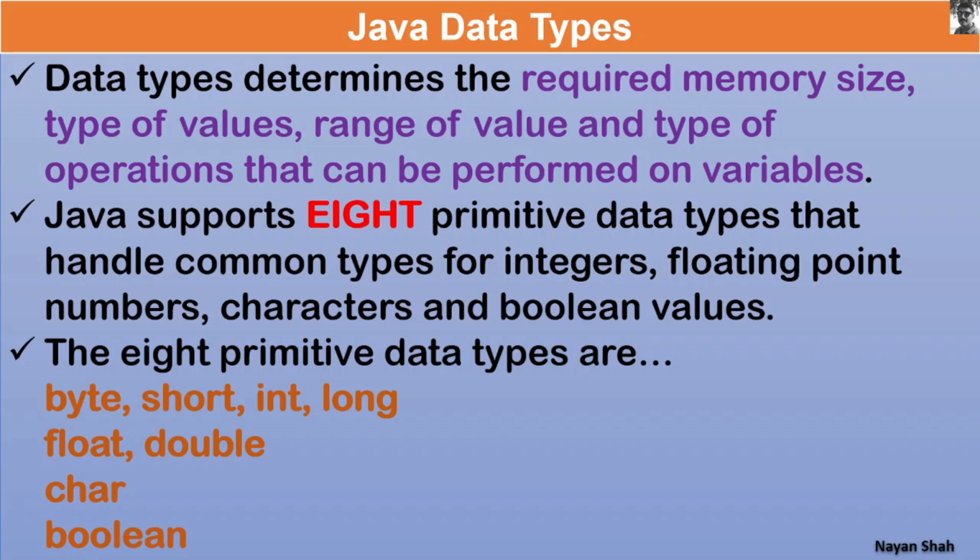To simply understand data types, it's like different sizes and different types of bags. We have different types of bags, from a small plastic bag to an American Tourister, a big bag, and we know that different bags have different usage.